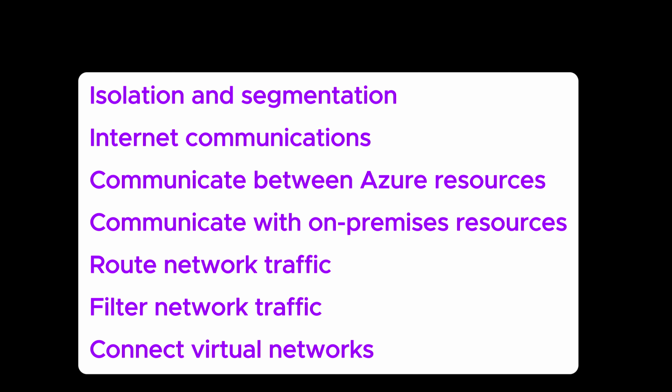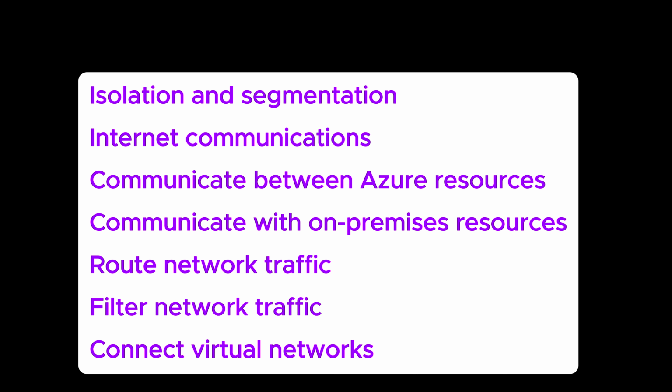Okay. So third is communicating between Azure resources. How does Azure help us communicate internally between Azure resources? You want to enable Azure resources to communicate securely with each other. You can do that in one or two ways.